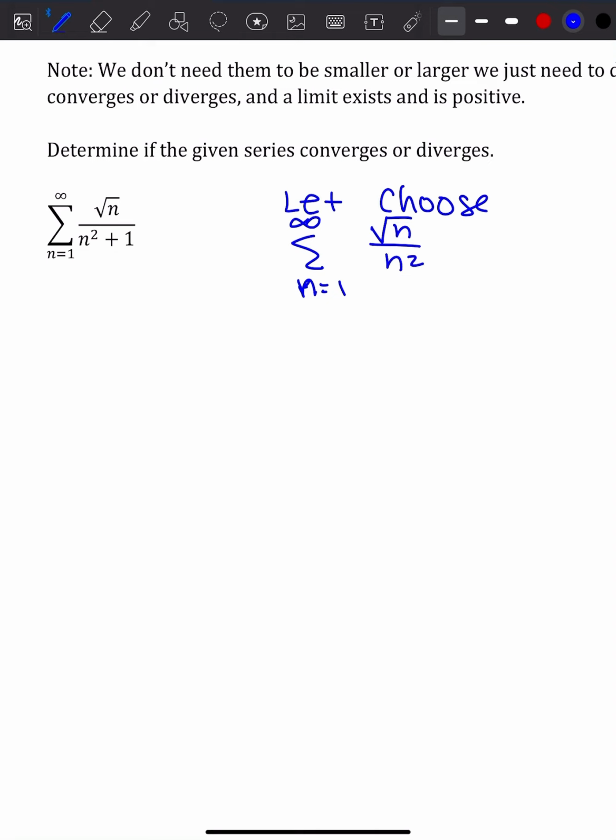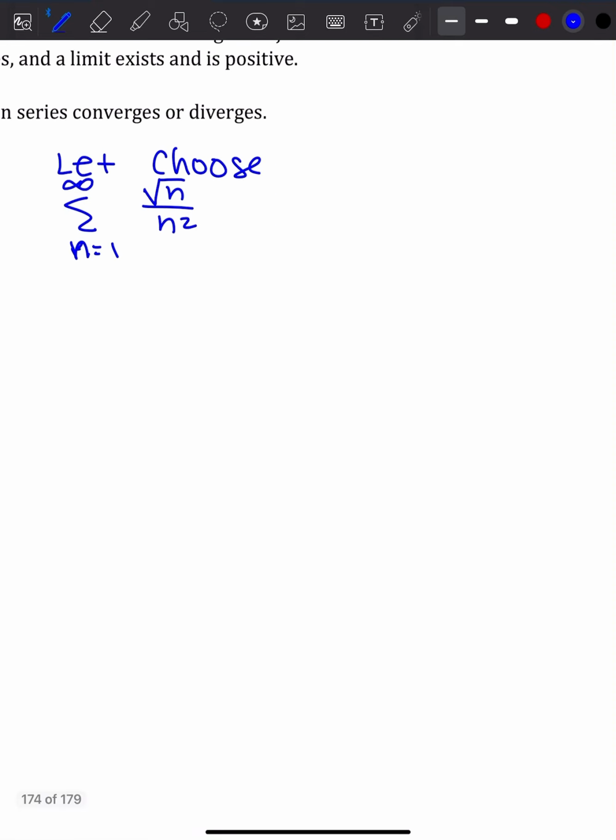So the first thing that I want to do is decide if we can say this is a converging or diverging series. So what we're going to do is move this around. I have the square root of n, I can change the square root to n to a power. So we have n to the 1/2 power divided by n squared.